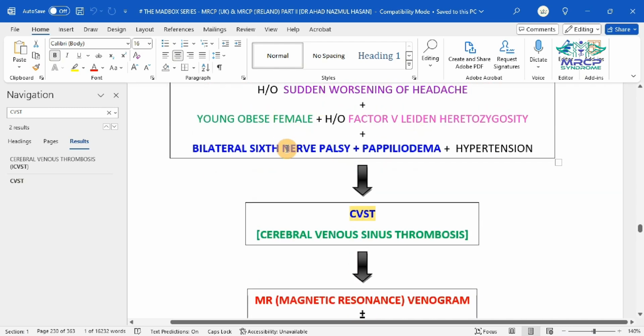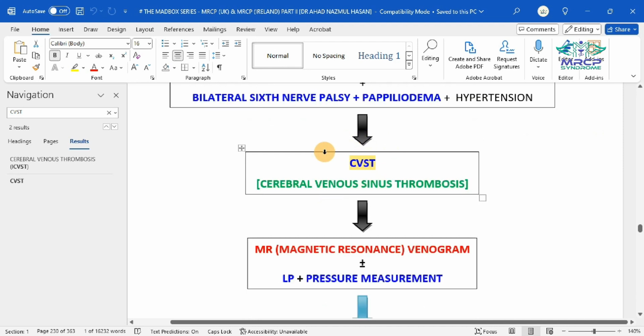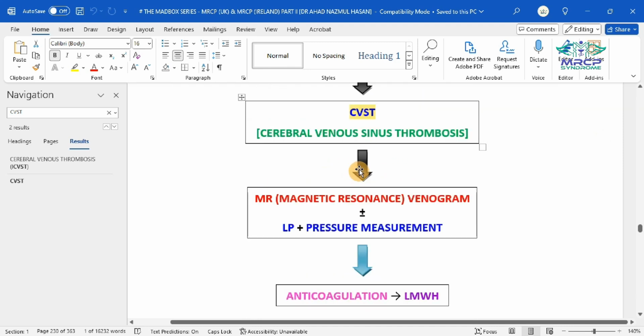And there will be features of bilateral sixth nerve palsy. In some cases, there may be involvement of the first cranial nerve, coming up with features of anosmia. There will be features of papilloedema and hypertension. Diagnosis is the CVST. Investigation of choice should be MR venogram with or without lumbar puncture and pressure measurement.